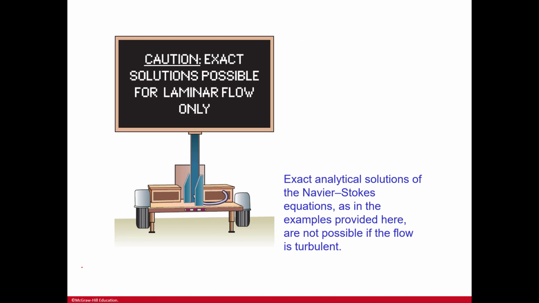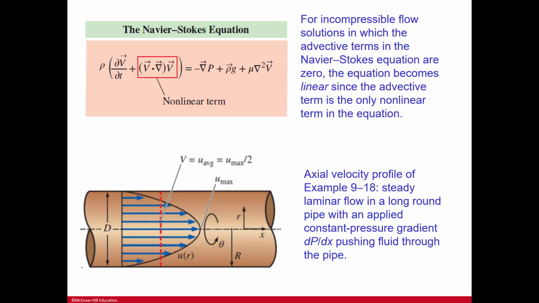And then here, just a caution for these. Exact solutions may be possible for laminar flow only, so it may be constricted to those. Exact analytical solutions for the Navier-Stokes equations, as in the examples provided here, are not possible if the flow is turbulent, which we saw in that example earlier on.